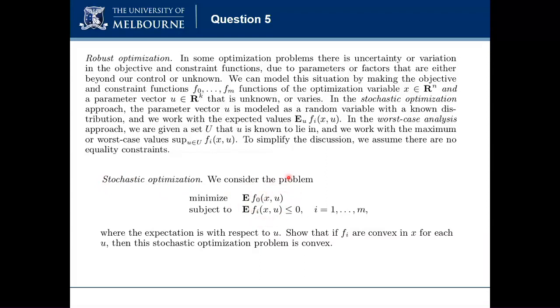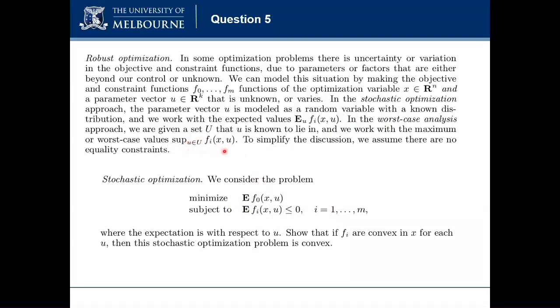You can actually bring it back to deterministic pretty quickly by taking expectation. That's one way to bring it back, right? So we can work with the expected values with respect to u. That's not the only way of coming back to deterministic. You can also do a worst case analysis.